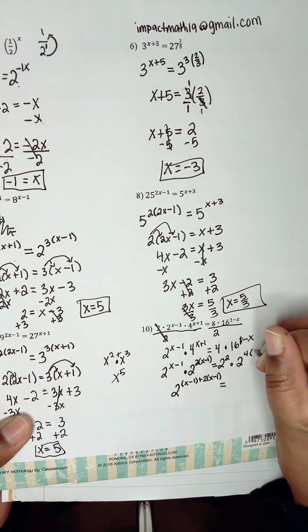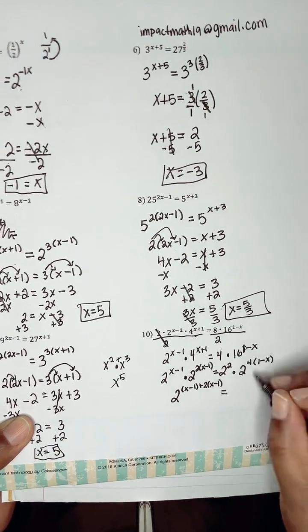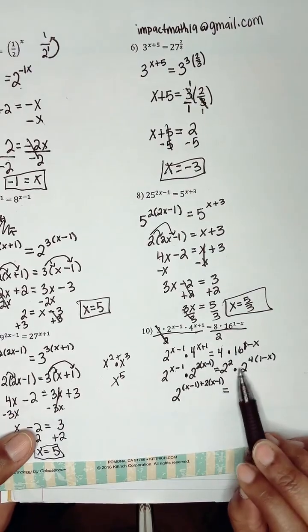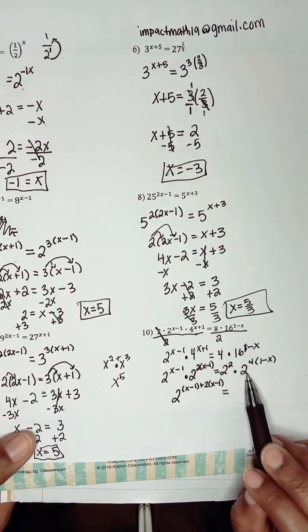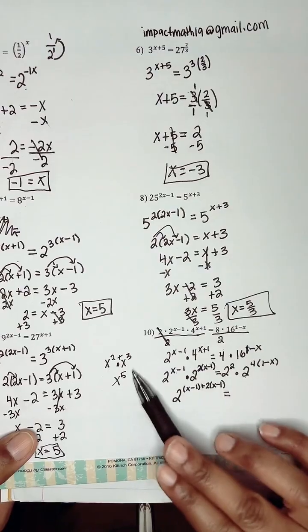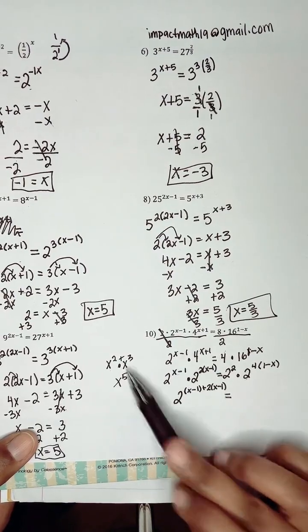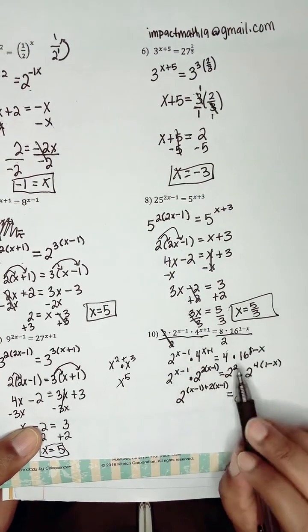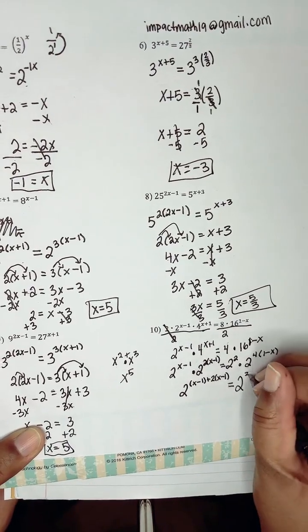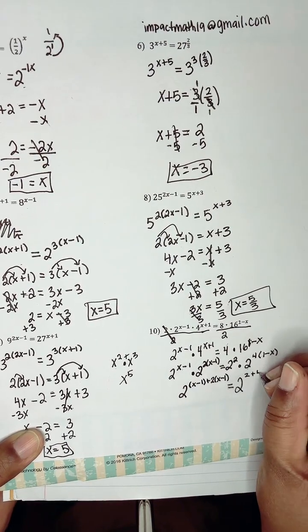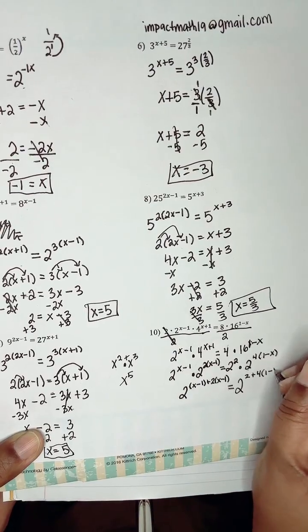And then we do 1 minus x with parentheses. Okay, we got the same base. We're multiplying with the same base. We're using this rule here that says if we multiply, we add the exponents. 2 plus 4, 1 minus x.